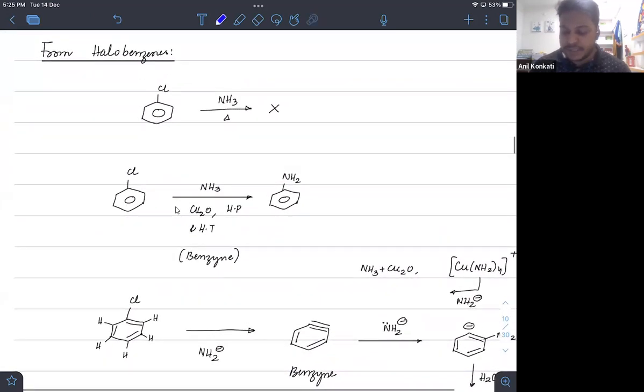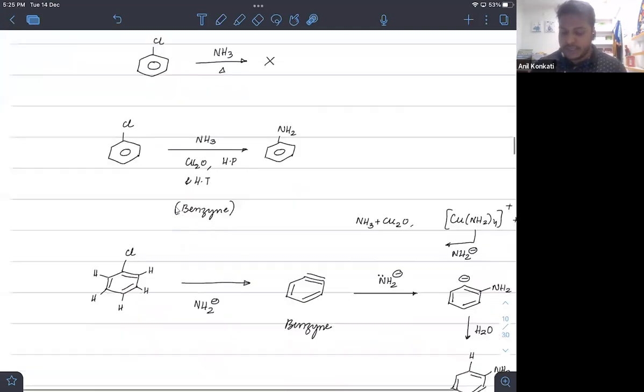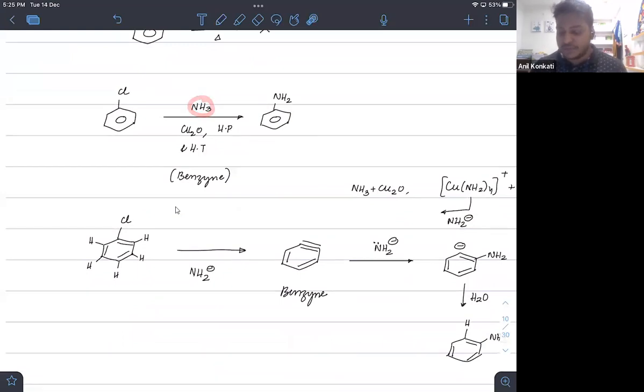Now see halobenzenes. Chlorobenzene, if you react directly with ammonia, there is no reaction. But with ammonia, in the presence of cupric oxide, high pressure and high temperature, it will go via the benzyne mechanism, because this cupric oxide will make it an amide form, NH2 minus, and that NH2 minus will extract this proton and make a reaction via the benzyne mechanism, and you'll get the aniline form.